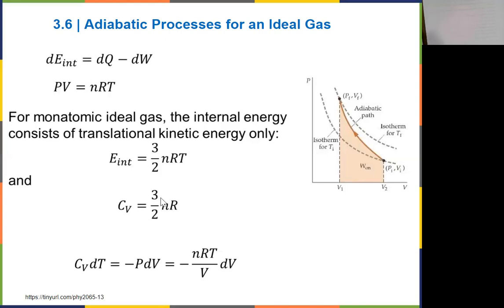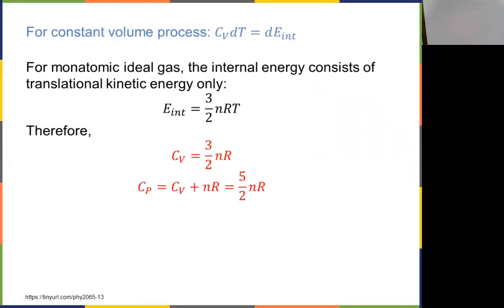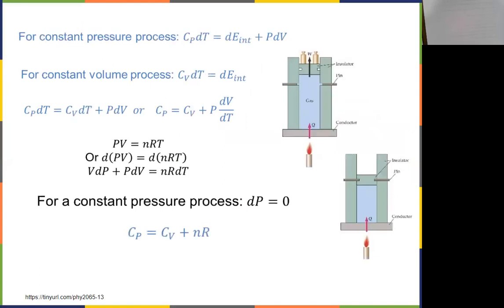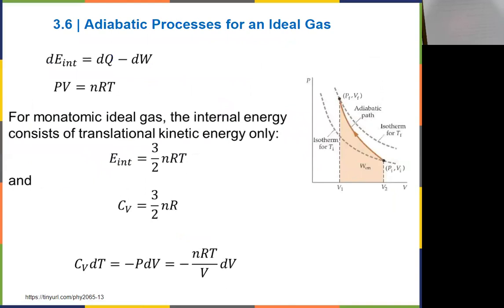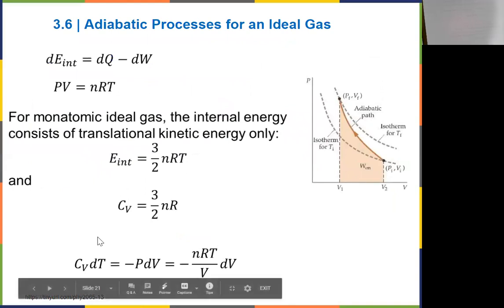Okay. So Cv equals 3nR. So that means we are looking at the constant volume process. So for constant volume, okay, so then let's see. Yeah, I kind of forget where this term is from.